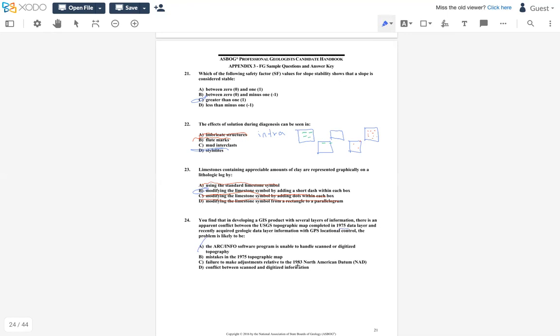Just looking at the dates, you can make a reasonable assumption that if you're not making adjustments for the most recent data with this data, then there's going to be a disconnect, and you're going to have some distortions, and who knows what else. So I think C is going to be our best option there.